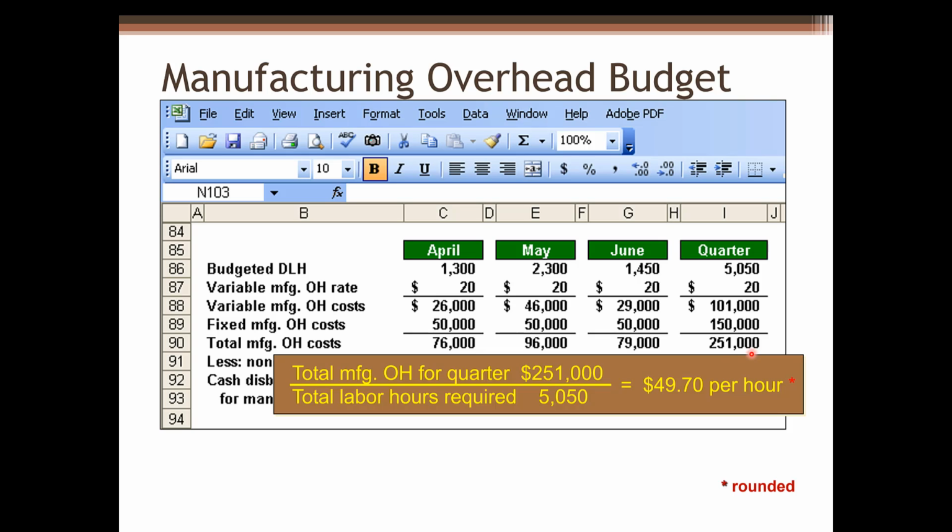So here, we use total MO costs for the quarter divided by total direct labor hours required. We divide 251,000 by 5,050 hours, and we can get a predetermined overhead rate of $49.70 per direct labor hour. This is a rounded number.